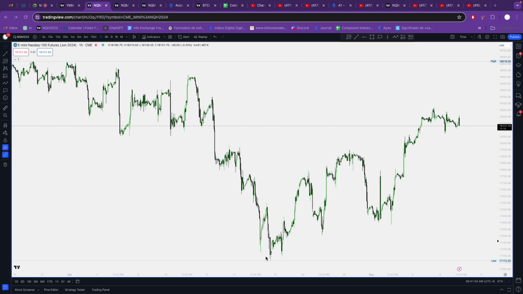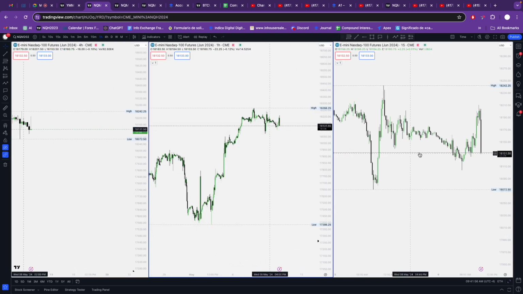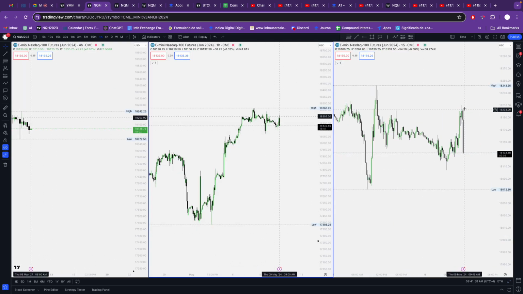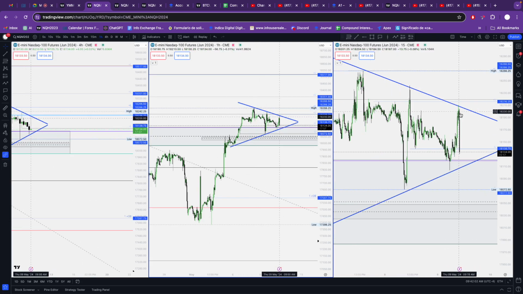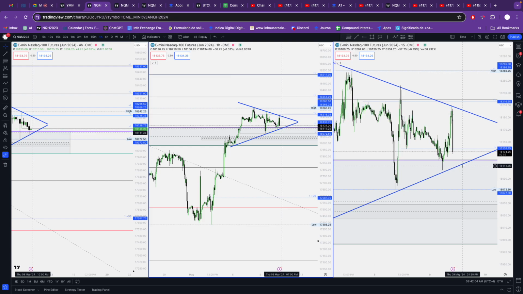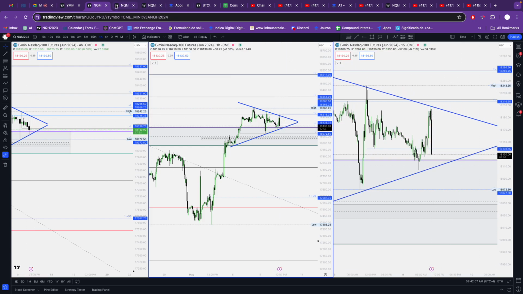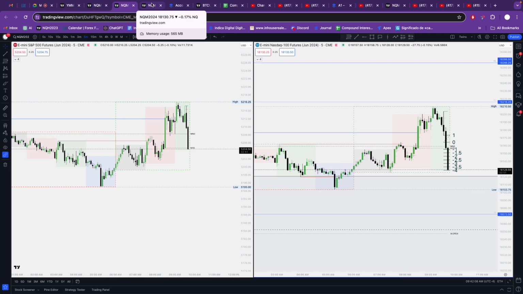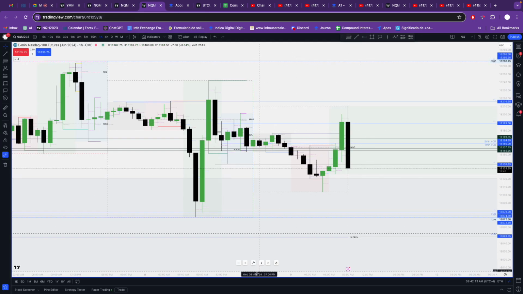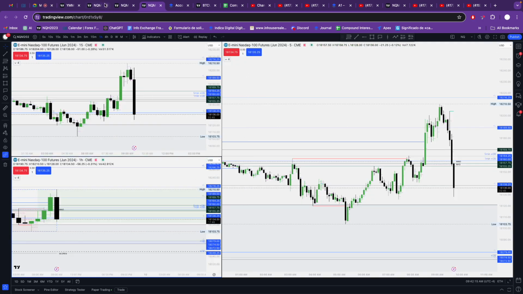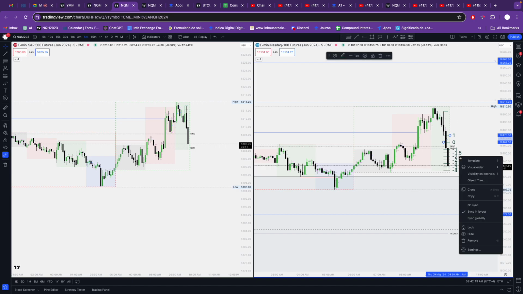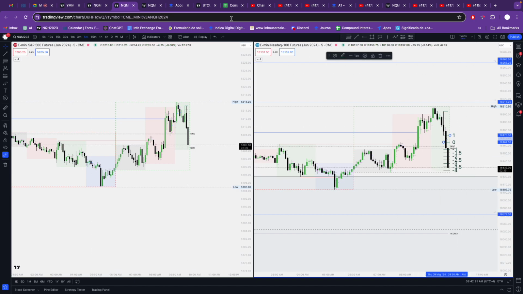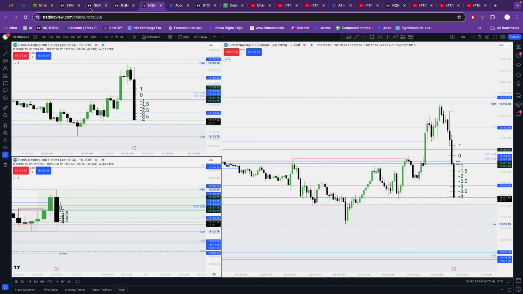Yeah, let's take a look at it. 15, huge sell-off, and just as I drew out, I think we might be coming down here for these lows. Let's look at this over here. Range.